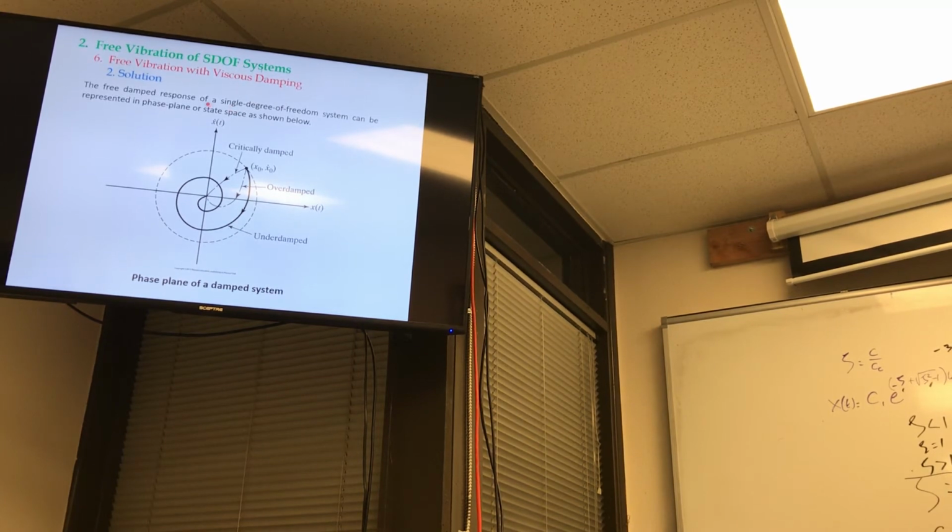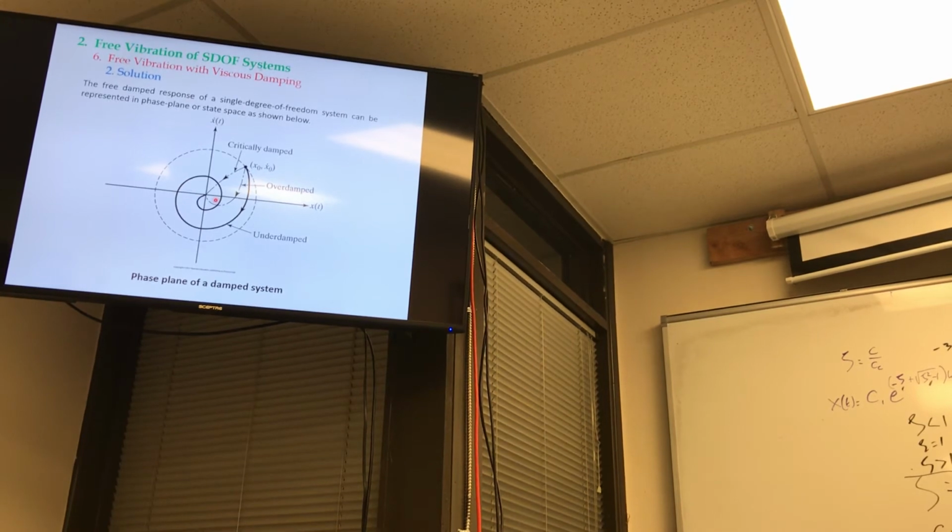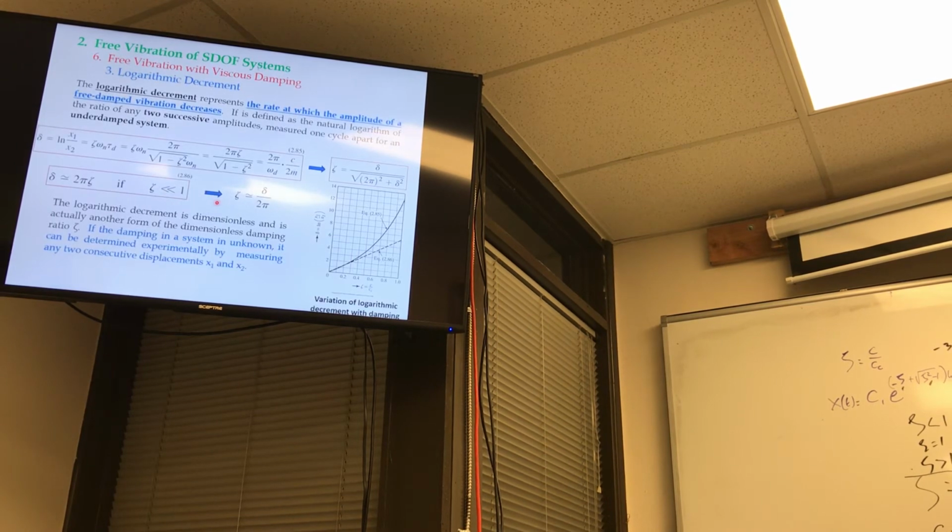It's mostly also from the calculation. And this is the overdamped again, which does not show any oscillation, but goes to the position taking a much longer time.